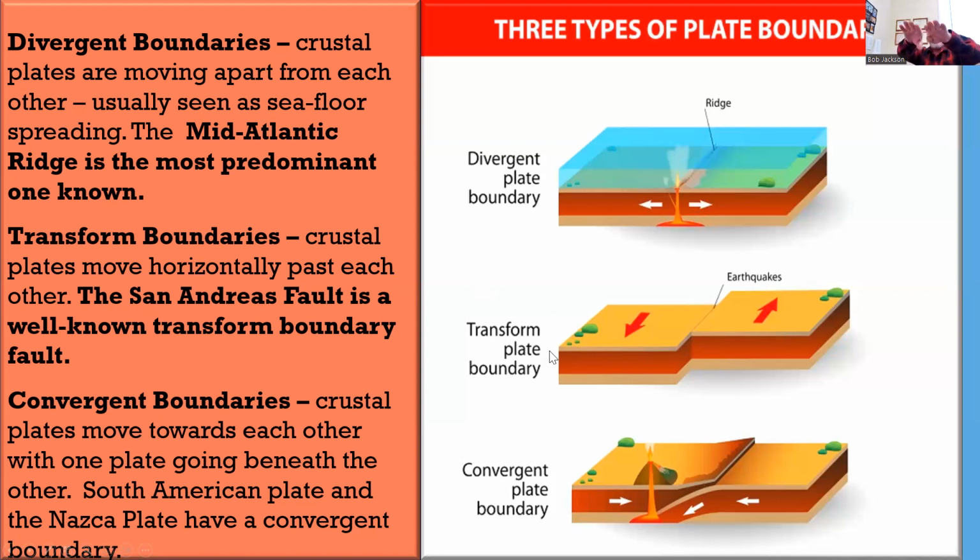And then the last type is where you have a plate, here's a plate, and they move towards each other. One is actually eaten up by the other, where it moves down underneath. What was on the surface goes down underneath the earth into the mantle. Now you can also get some magma activity and volcanic activity and get volcanoes formed along these convergent lines, and that's what happens on the Pacific Ring of Fire.